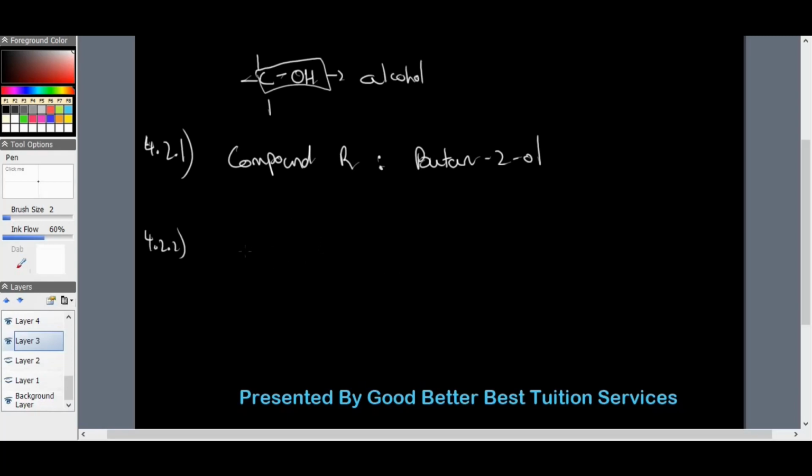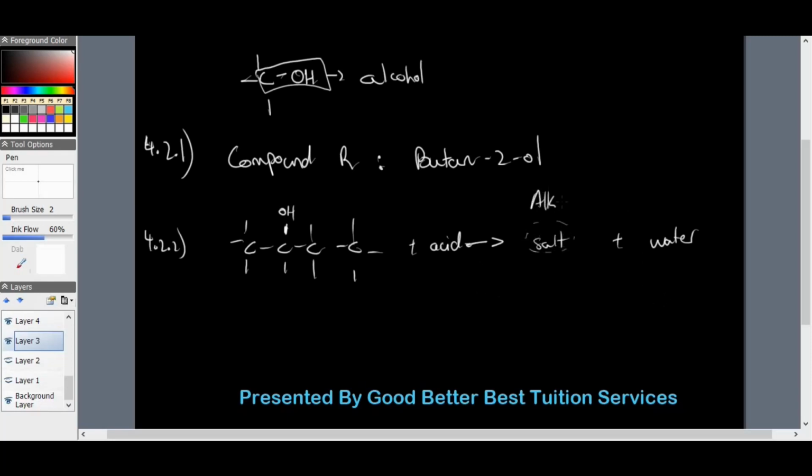So if we had butan-2-ol over here, I'm just going to omit the hydrogens for now, and we had the OH group over here, then if we reacted it with an acid, we usually get a salt plus water. And obviously water we know is going to be H2O. So the salt over here would be our alkene that forms.